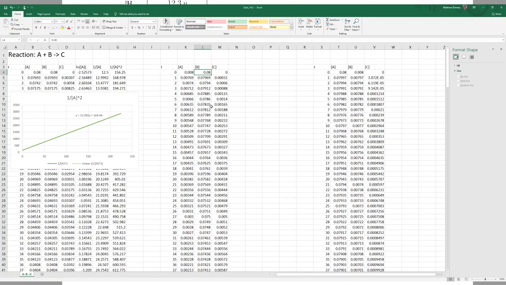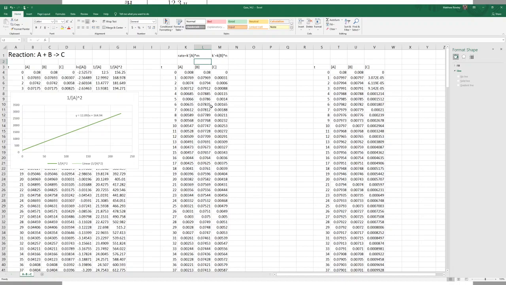So the rate will equal K prime, some sort of K prime, times A raised to the M. And K prime is going to equal the true rate constant times B raised to whatever its power is.